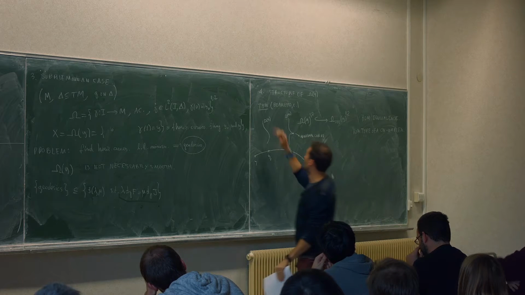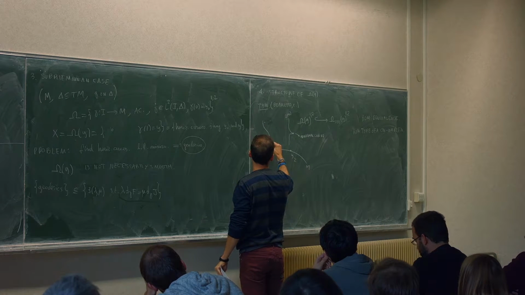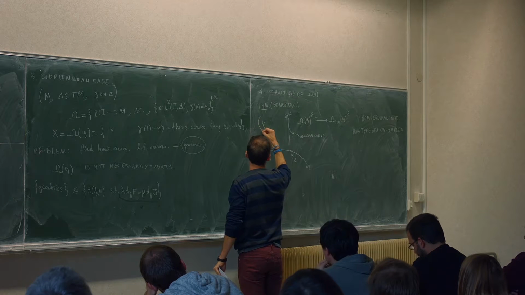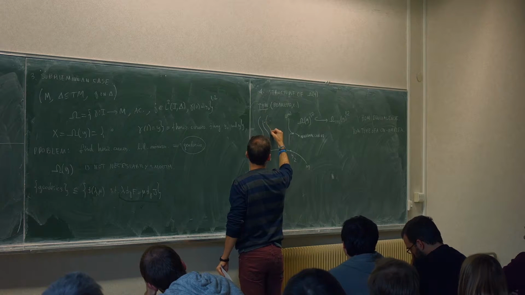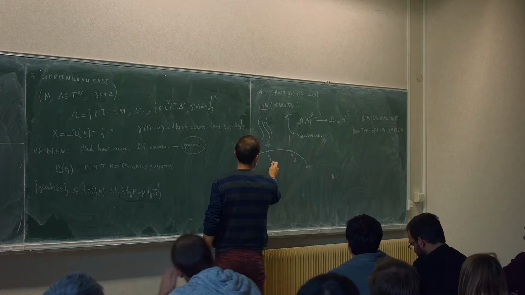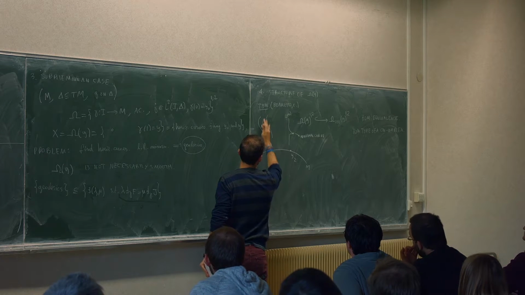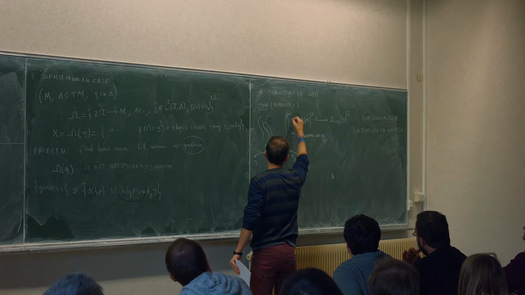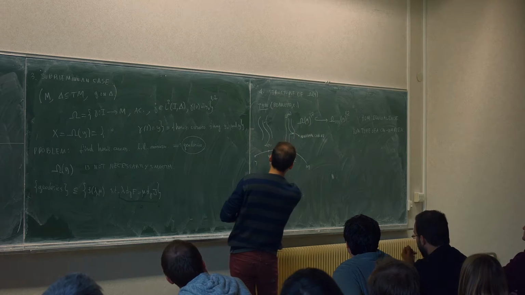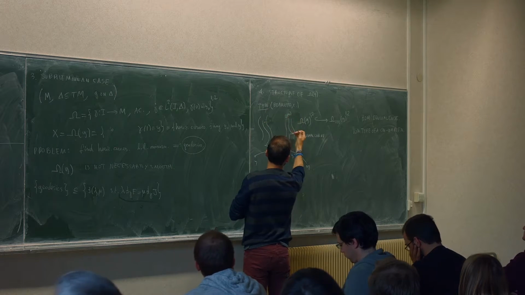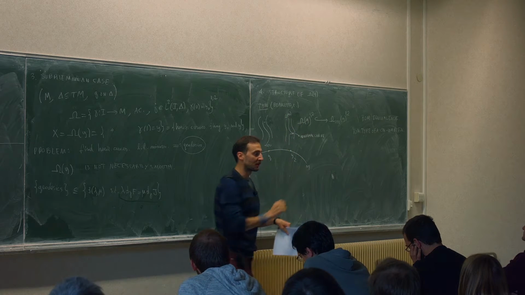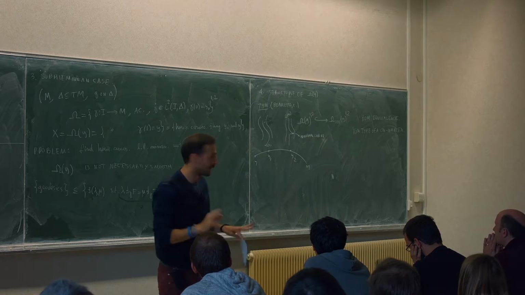In fact, we could even do a bit more. So imagine that this is the classical one, so the space of curves joining y with y1 with no constraint. So the inclusion of this in the classical one is a homotopy equivalence, also in this case. And all these spaces, these middle ones, these horizontal ones, are all homotopy equivalent to one another, of course when the manifold M is fixed.